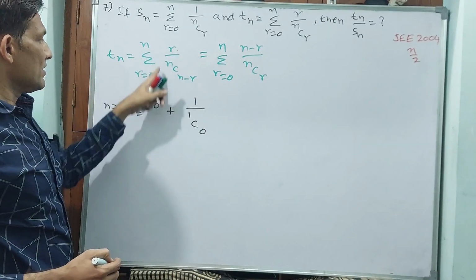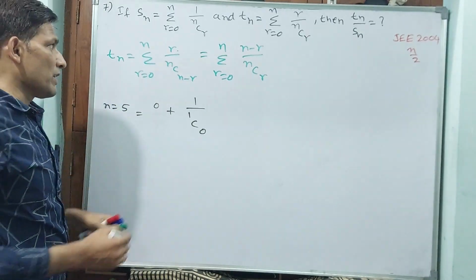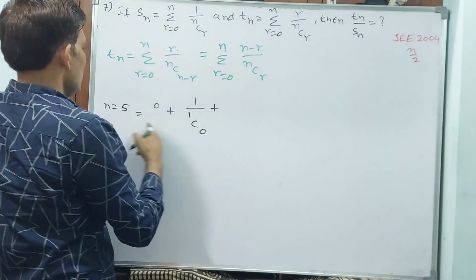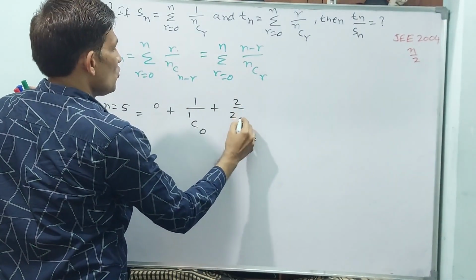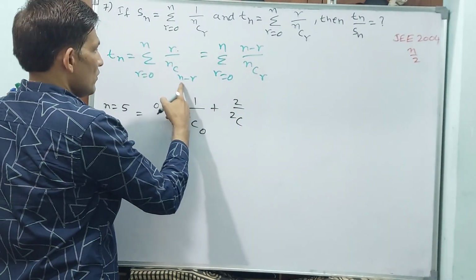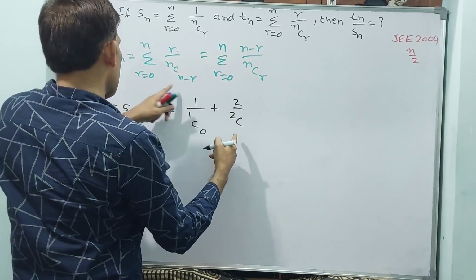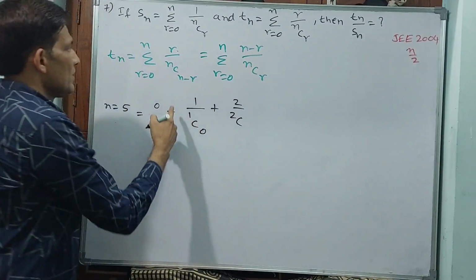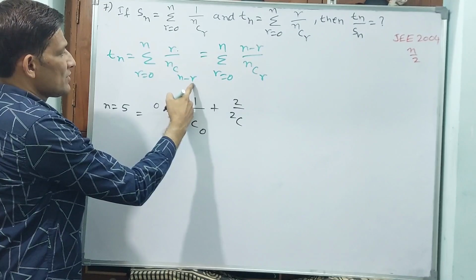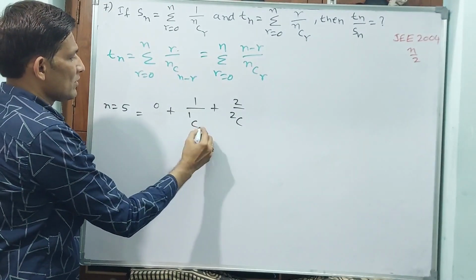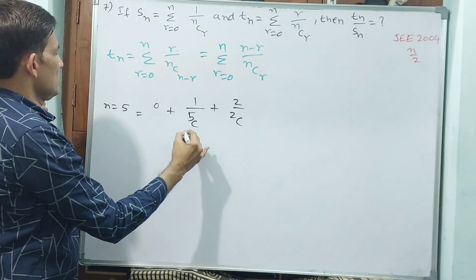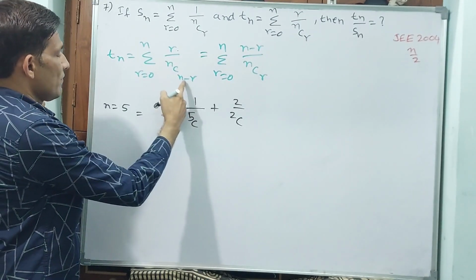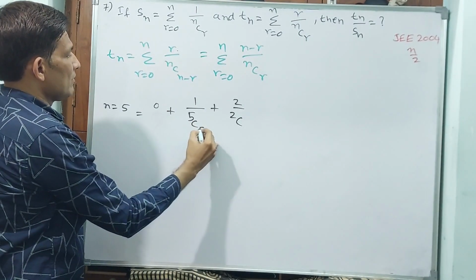See here 1C0. Okay. Plus if we have 2 by 2C(2 minus 2)... sorry, here n is 5, so 5 minus 0, 5. Here it has to come 5. 5 minus 0, 5 will come.